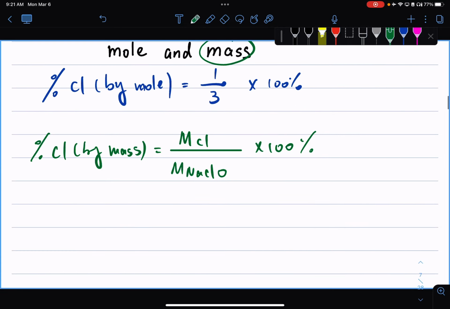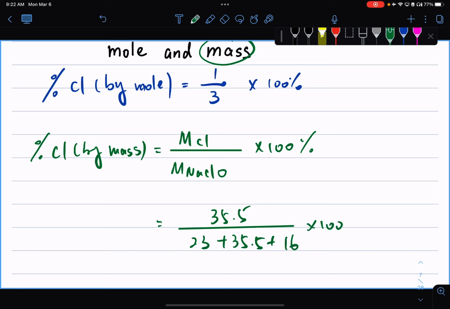In order to do that calculation, for the mass of chlorine, you just read the periodic table, that's 35.5. And on the bottom, that's for sodium, 23, plus 35.5, plus oxygen, which is 16, times 100%. So that's the information you can get from just looking at the empirical formula.